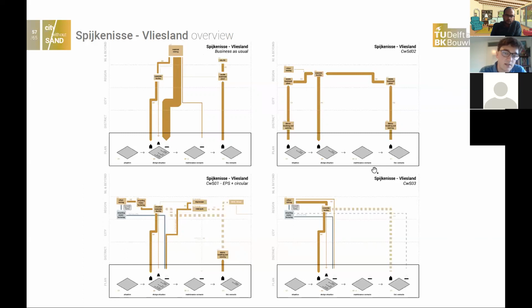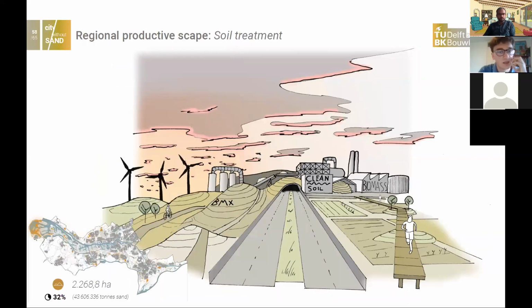Theoretically, it all comes from the region, but on a regional level, you still need some changes, and you need some places where you can recycle your concrete, or where you can clean the soil, because sometimes the ground is also polluted. And that creates these landscapes, which is the last part on how it works on a regional level. So some soil needs to be treated.